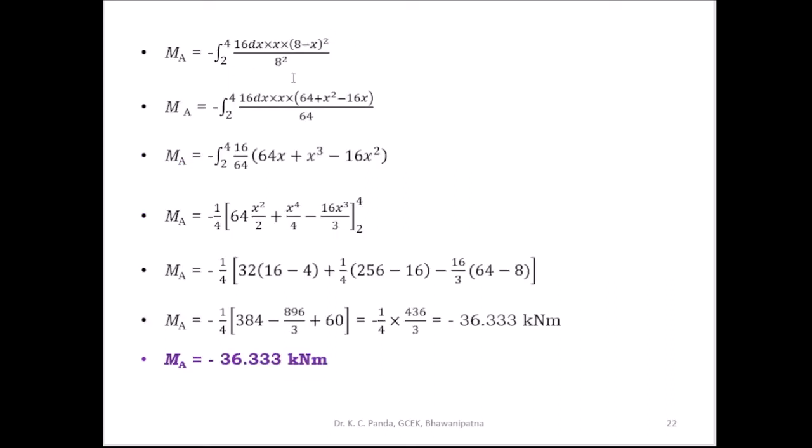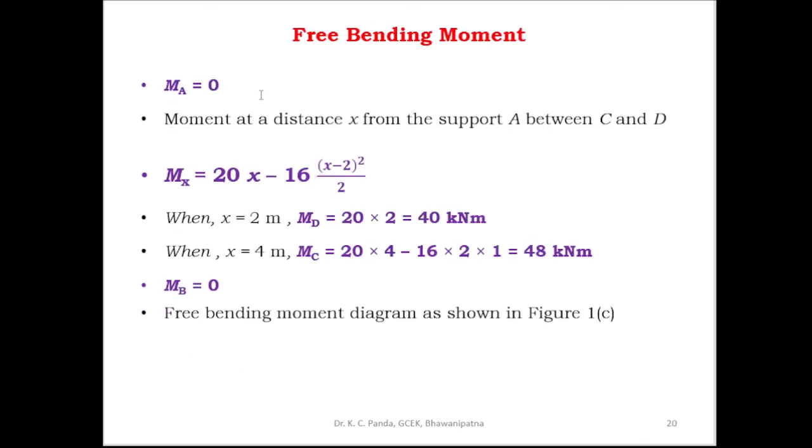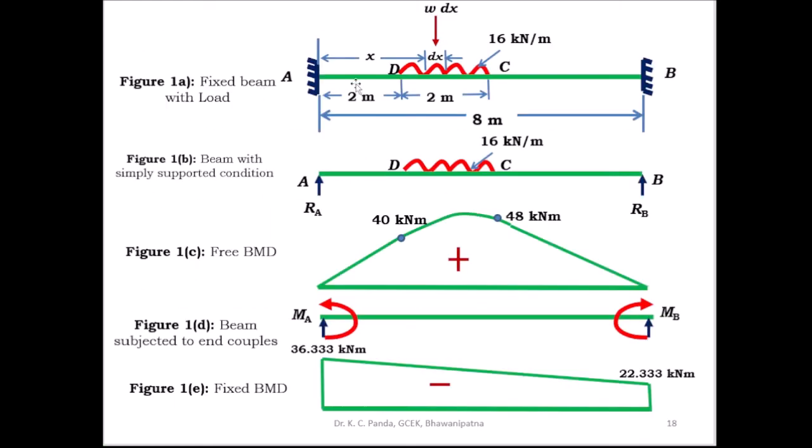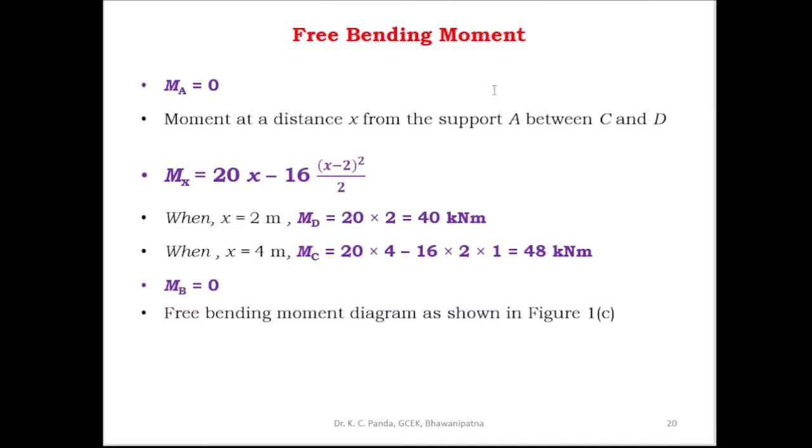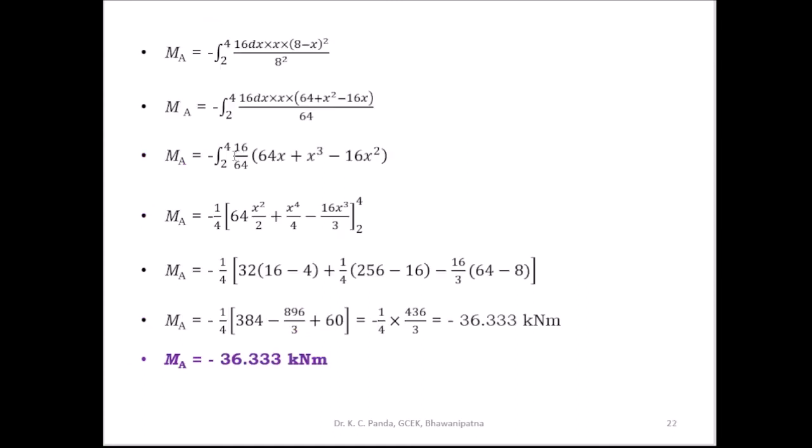Here you have to find out the moments at end A, MA, and MB by integrating from the limit x is equal to 2 to x is equal to 4 meter. So MA is equal to minus integral from 2 to 4 of 16 dx into x into 8 minus x whole square by 8 square.